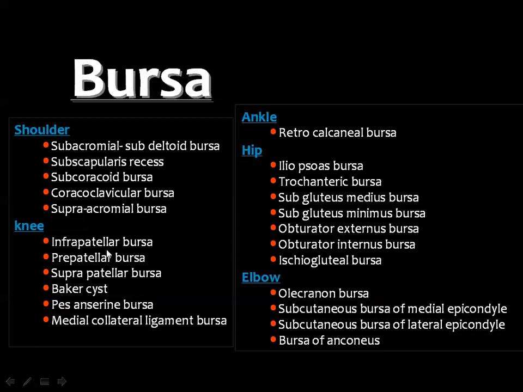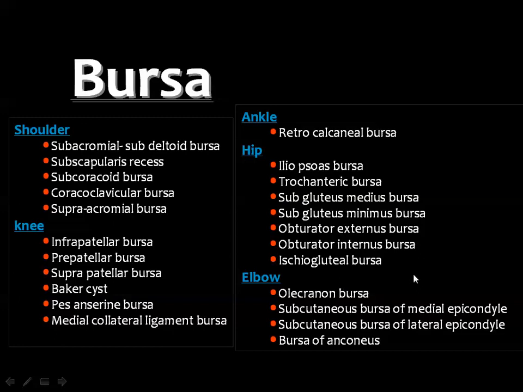And the knee: the infrapatellar, the prepatellar, the suprapatellar, Baker cyst, pes anserine bursa, medial collateral ligament bursa. In the ankle, the famous retrocalcaneal bursa. In the hip, the largest bursa all over the body, the iliopsoas bursa, trochanteric bursa, subgluteus medius bursa, and minimus bursa, obturator externus bursa, and internus bursa.